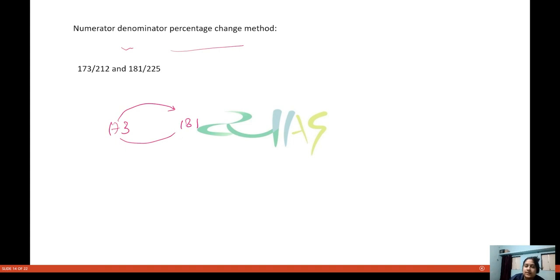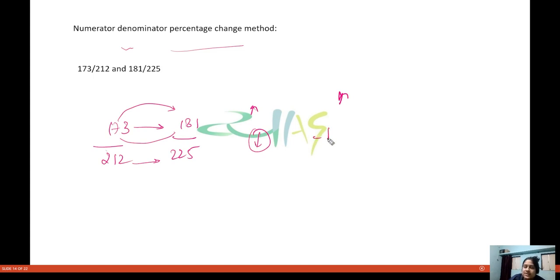And the combined effect, we will see how we can calculate. So let's find out the percentage change. 173 to 181 is increasing, and 212 to 225 is also increasing. So how much is the percentage change?